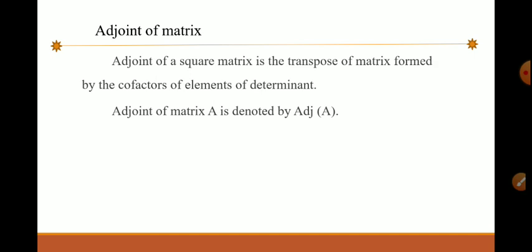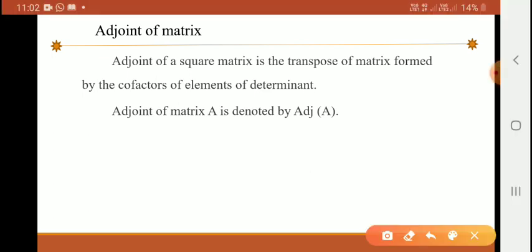First, we have to replace each element by its corresponding cofactor and then take the transpose of that matrix. Transpose means convert row to column and column to row. Adjoint of matrix A is denoted by adj A.